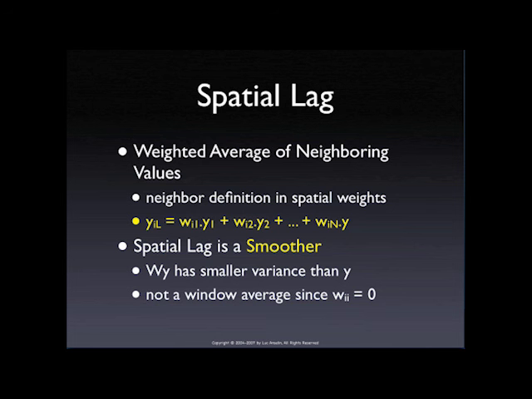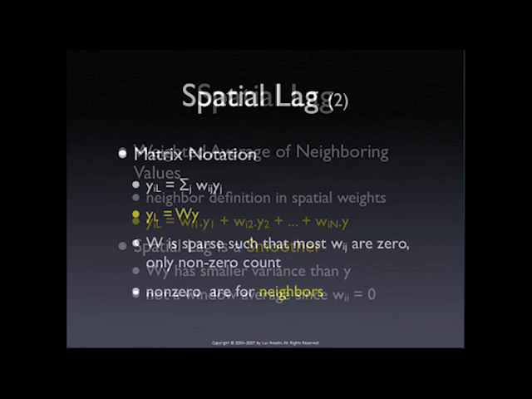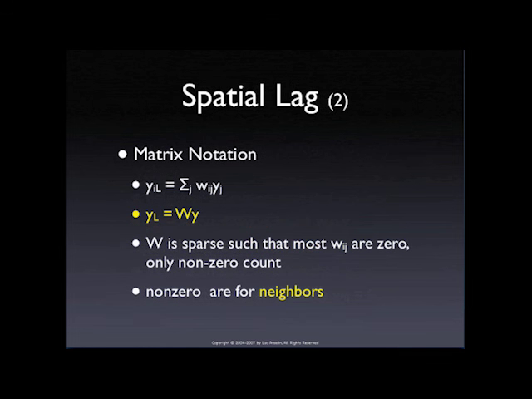So given that we have this concept now, we can just introduce some more notation, because we'll switch very quickly to mostly matrix notation because it's much more compact. So essentially, we have the lag at i as the sum over j, being all the columns in the weights matrix, or all the potential neighbors, of the weights element, w_ij, times the matching y_j.